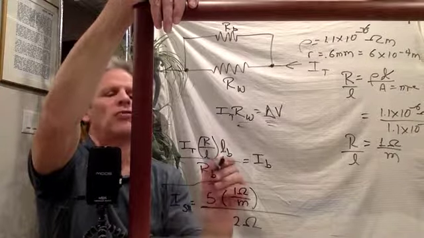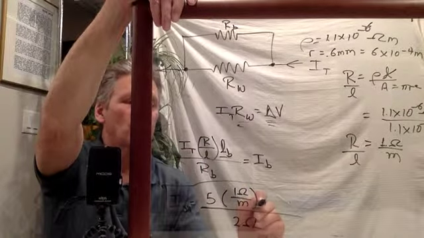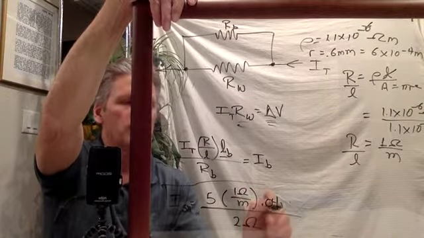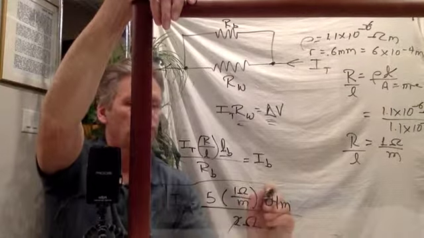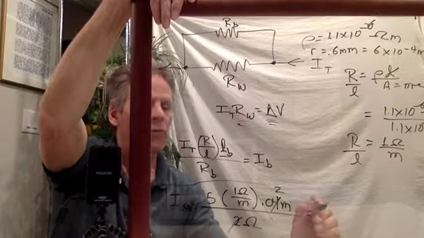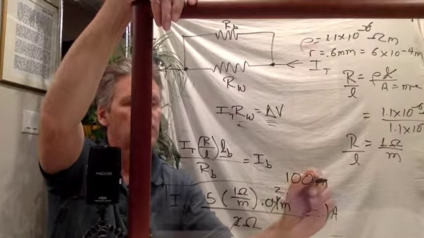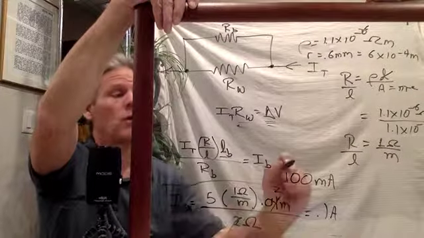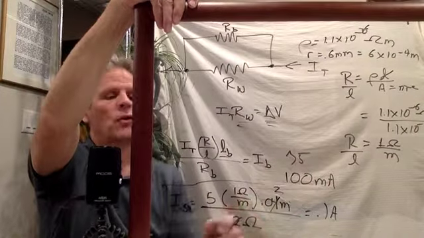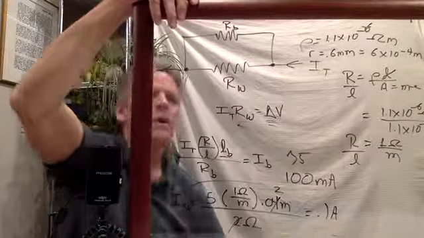The only thing that changes is the distance between the legs. Distance between the legs is now 0.04 meters. So this turns into a 2, and so you will note this is now 0.1 amps or 100 milliamps. Our threshold was 75, so our sparrow hawk is going to keel over.